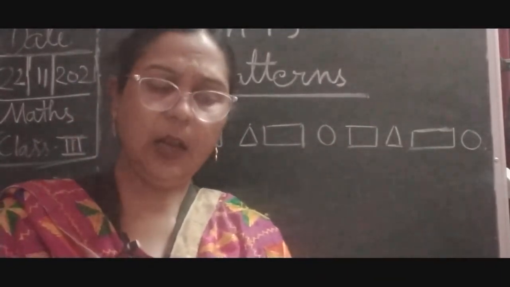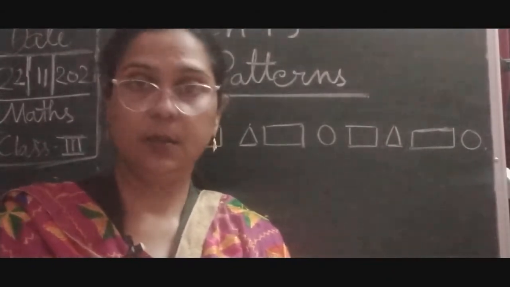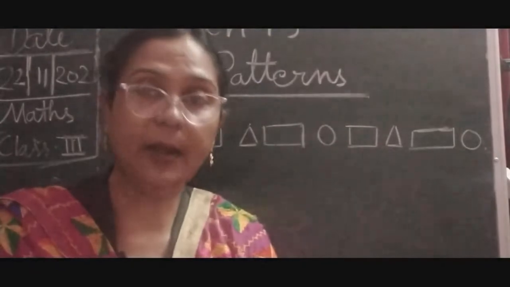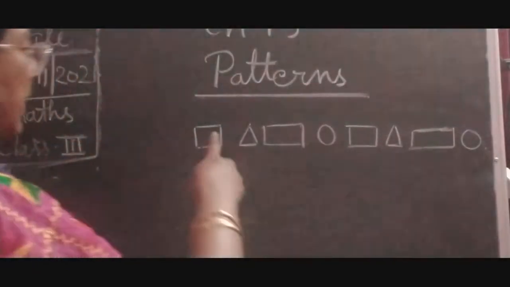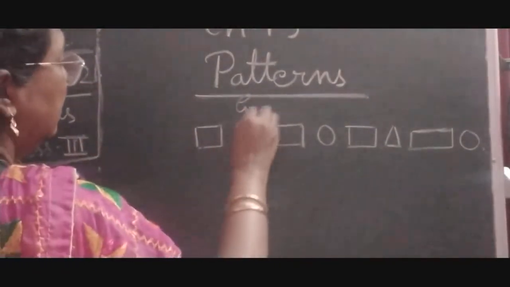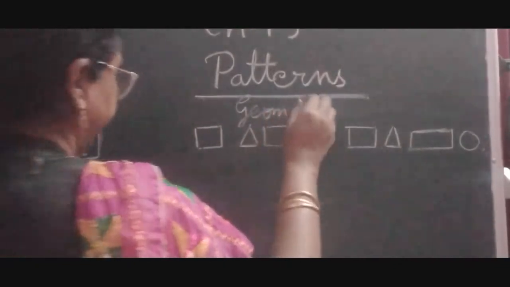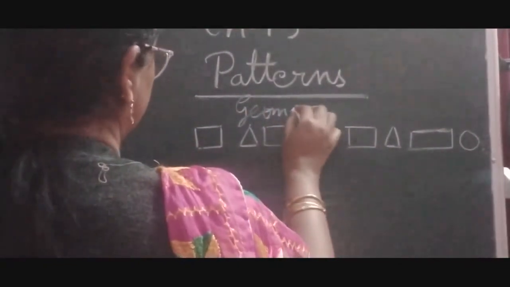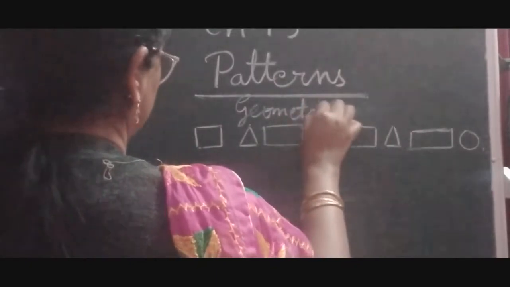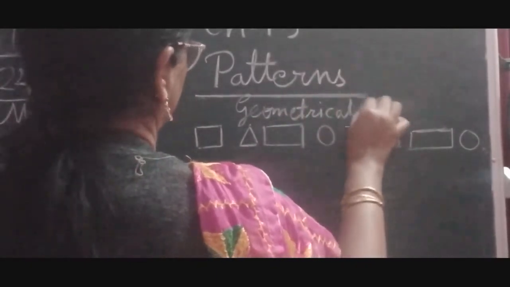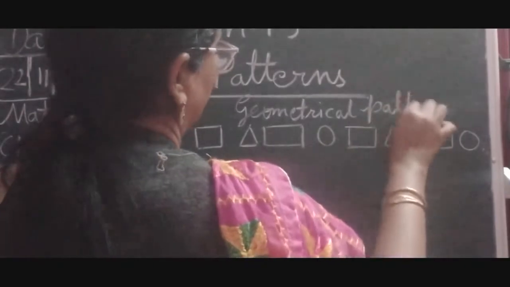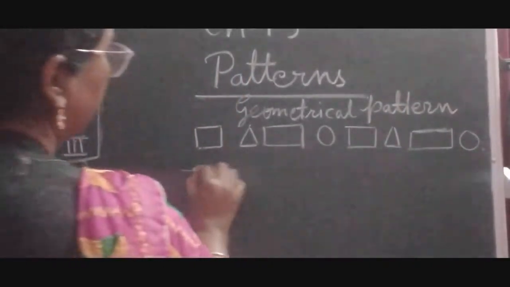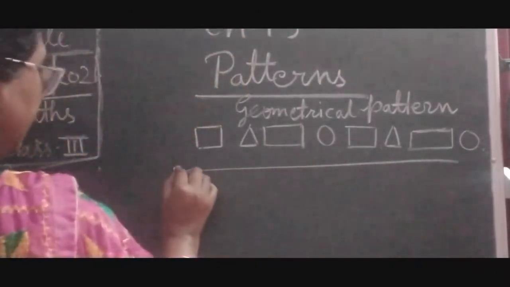Now we will learn about number patterns. As I have given you one example about number patterns, here you can see this is a geometrical pattern. Now I will draw one more geometrical pattern over here.